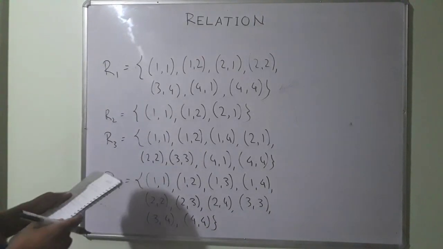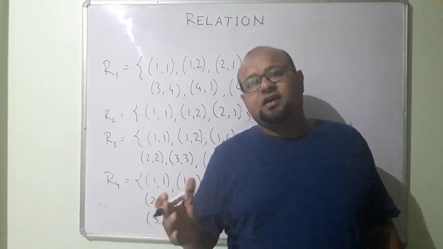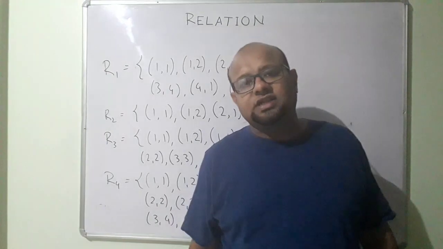So I have these four relations. Now, are these symmetric, antisymmetric, reflexive, transitive? Can you answer?